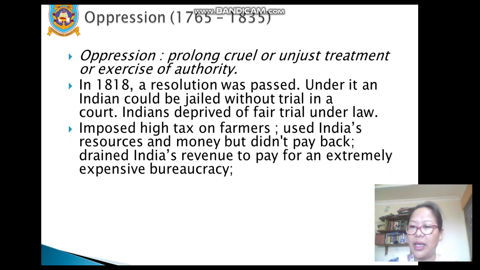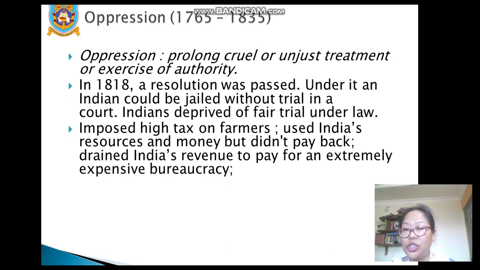First, they could jail Indians without trial in the court, so they could not prove that they were innocent. They imposed high tax on farmers. High tax on farmers was imposed.